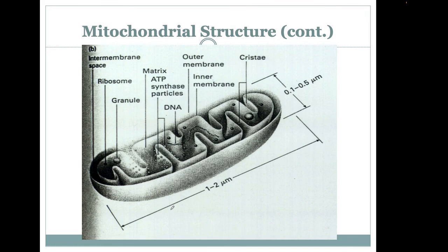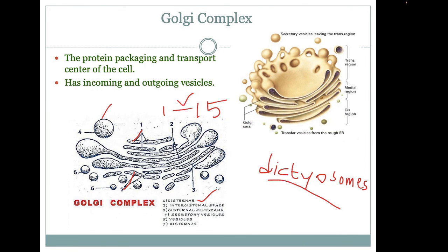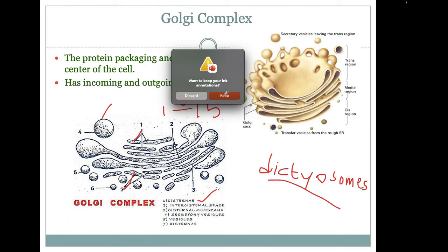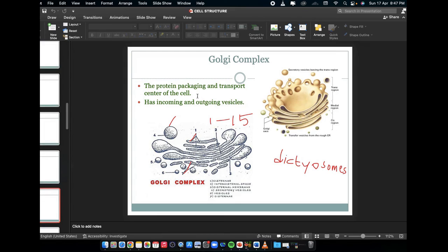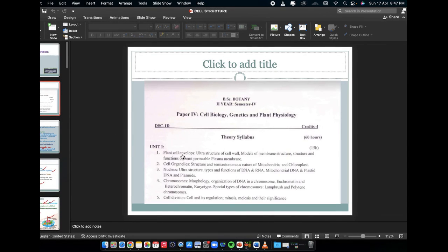Then next we will discuss the mitochondria and chloroplast. In your cell bus, you can see plant cell envelopes, that is mainly the cell wall and membrane structure, and the function of the semi-permeable plasma membrane.